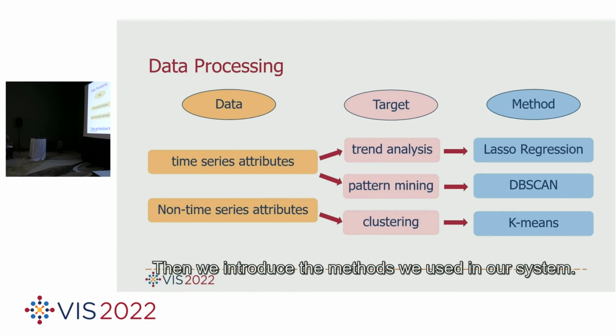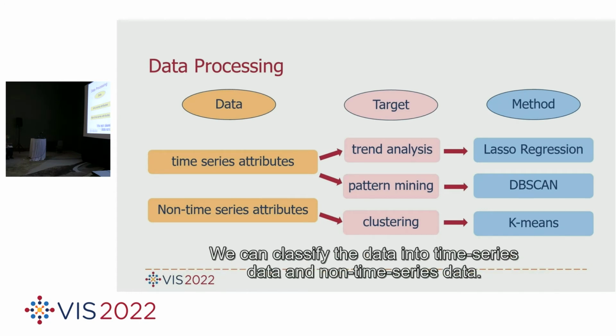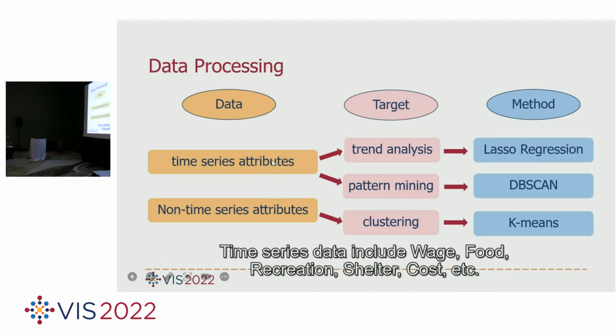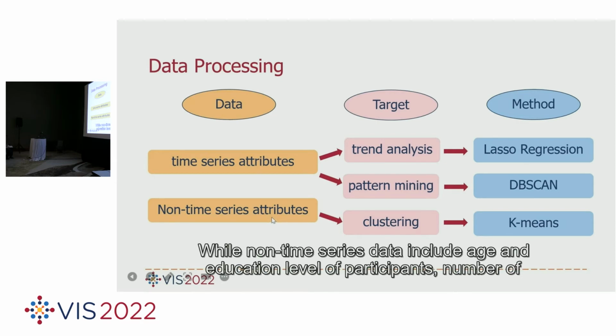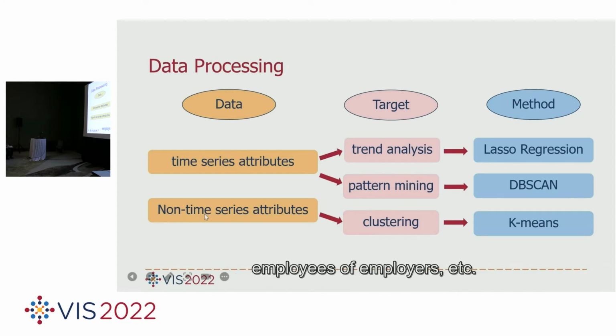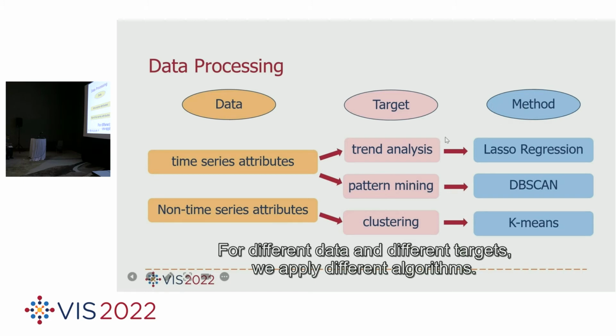Then we introduce the methods we used in our system. We can classify the data into time series data and non-time series data. Time series data include wage, food, recreation, shelter, cost, etc., while non-time series data include age and education level of participants, number of employees of employers, etc. For different data and different targets, we apply different algorithms.